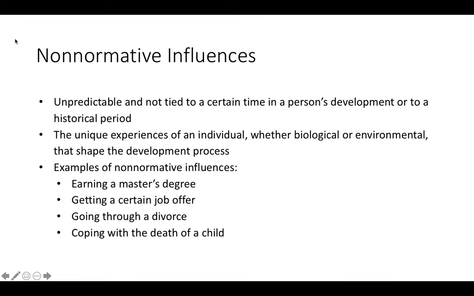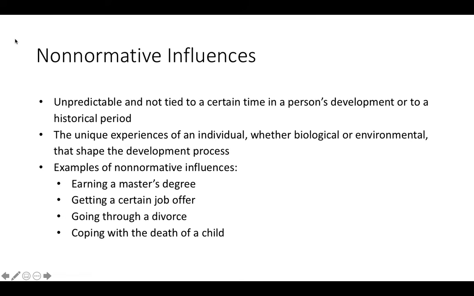Now, non-normative influences are things that are unpredictable and not tied to a certain time in a person's development or to a historical period. Okay, so the unique experiences of an individual, whether biological or environmental, shape the developmental process. So some examples of non-normative influences include earning a master's degree. Not everybody goes directly after their bachelor's degree to get a master's degree.